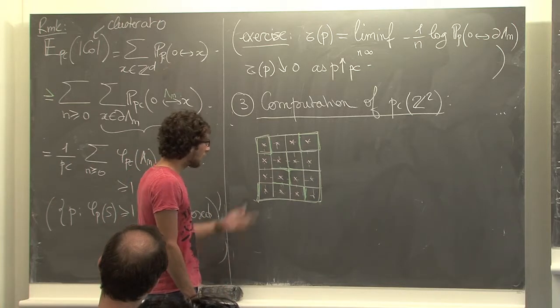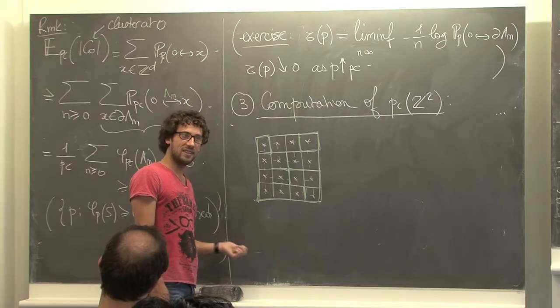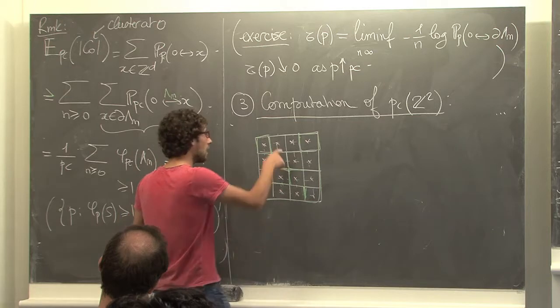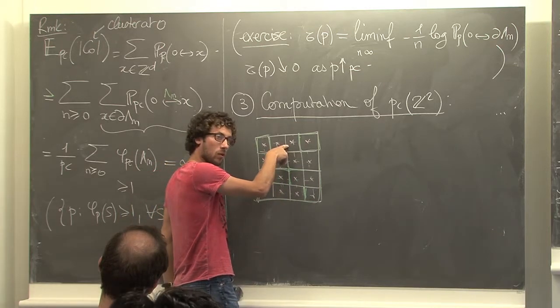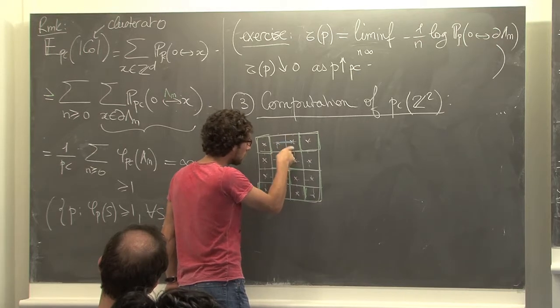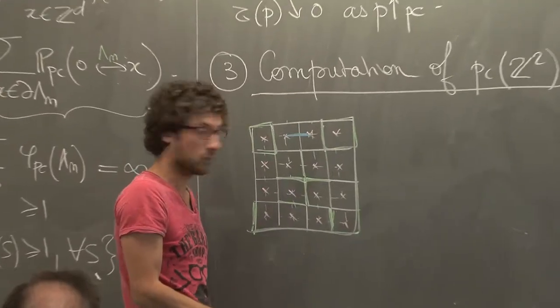Now, if I have a configuration in my original lattice, I can deduce a natural configuration in the dual lattice simply by saying for every closed edge of the primal lattice, I will say that the edge which is corresponding, you see there is one edge, I mean the edges of the dual lattice are in direct correspondence with edges of the primal lattice.